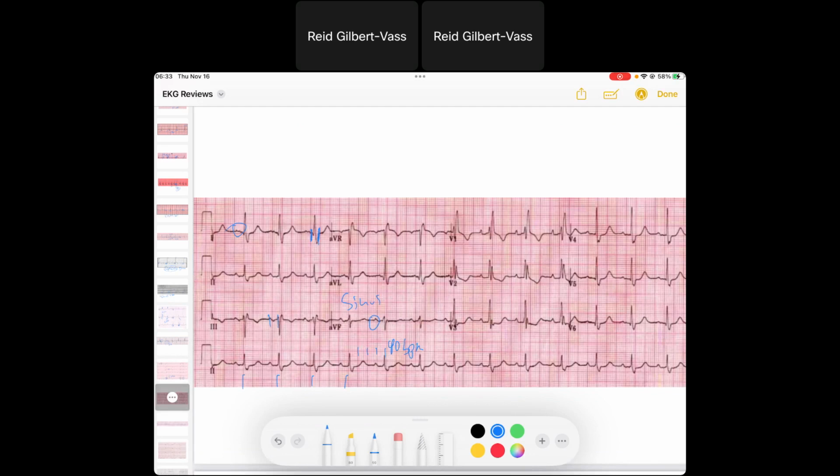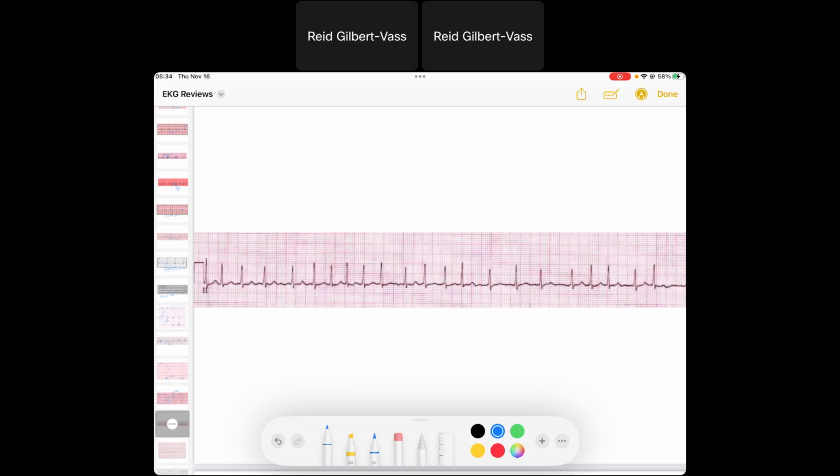And so we look and we see we've got this RSR prime in V1, this RSR prime in V2. We've got slurry S waves in the lateral leads, which is telling us that there are late forces going towards the right ventricle, and that only occurs in a right bundle branch block. So this is a sinus rhythm with a right bundle branch block.